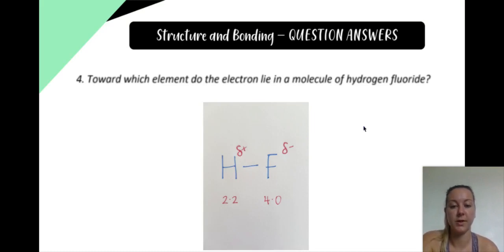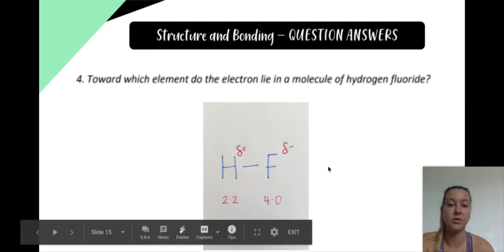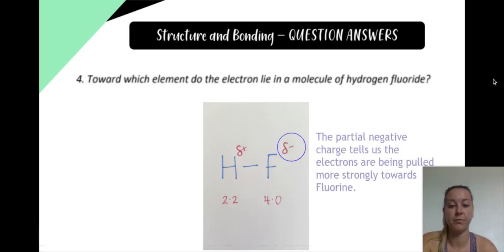So the answer to that question is the electrons lie towards the fluorine. And that delta negative answers the question for you. Or you can add in a little bit that says the partial negative charge tells us the electrons are being pulled more strongly towards fluorine. And that is it.